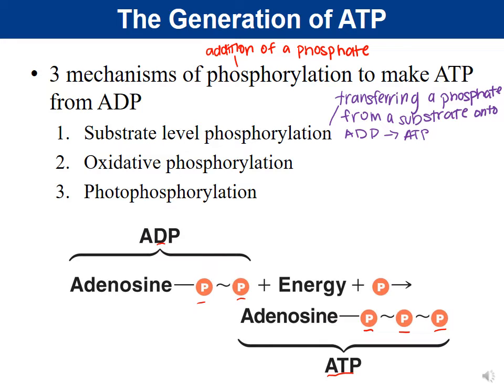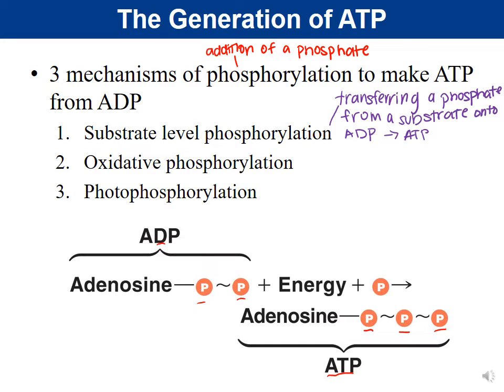So it's just like it sounds, substrate level phosphorylation. We're simply going to take some substrate that has a phosphate group on it, and an enzyme is going to catalyze the movement of the phosphate from the substrate onto ADP, forming ATP.